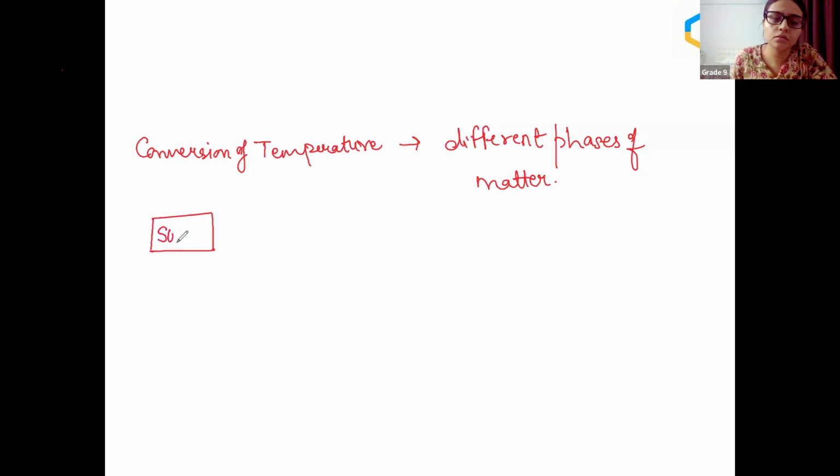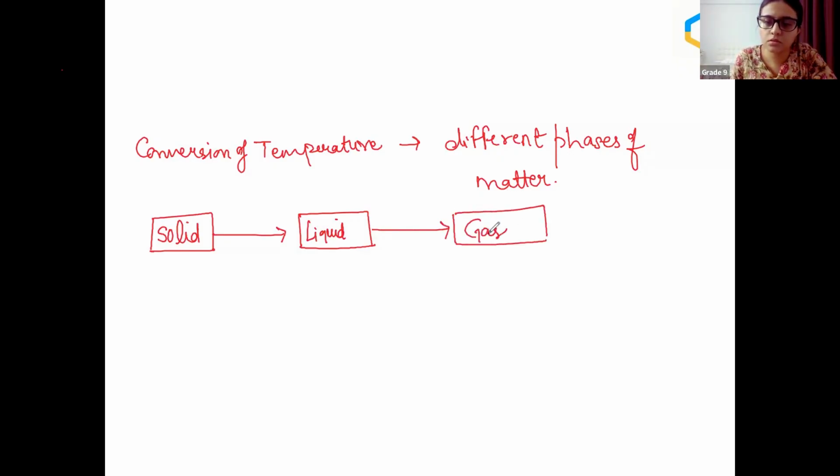Anyone? Six conversions of matter, Mehak. Okay. Can anybody enlist them?